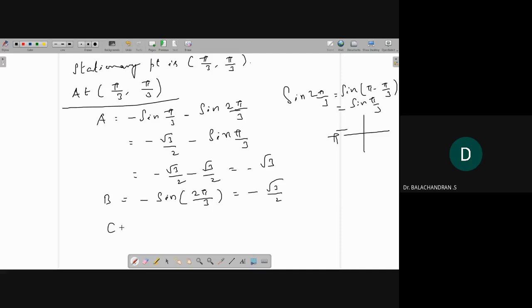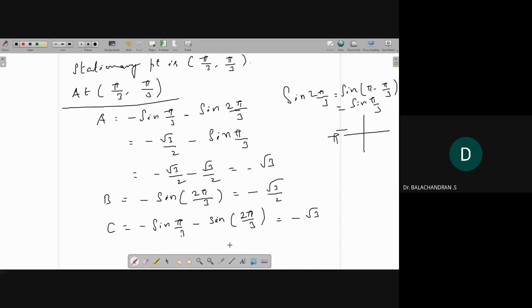C is minus sine y, where y is pi by 3, minus sine x plus y. X plus y is 2 pi by 3, which is the same as in the value of A. So you can directly write this is equal to minus root 3.